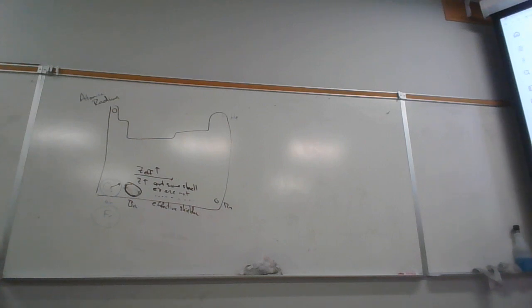So this is Slater's rule here. Slater's rule is Z effective is equal to Z minus the shielding. Not all electrons shield effectively.